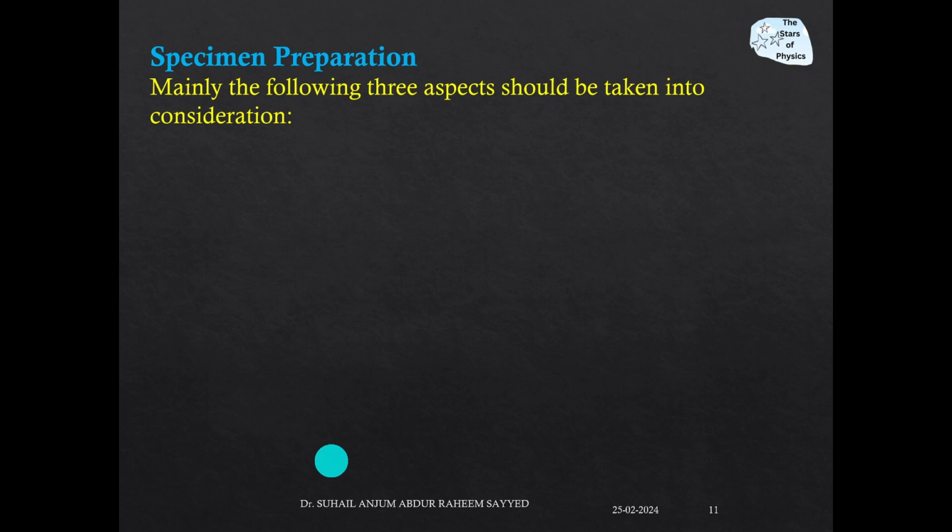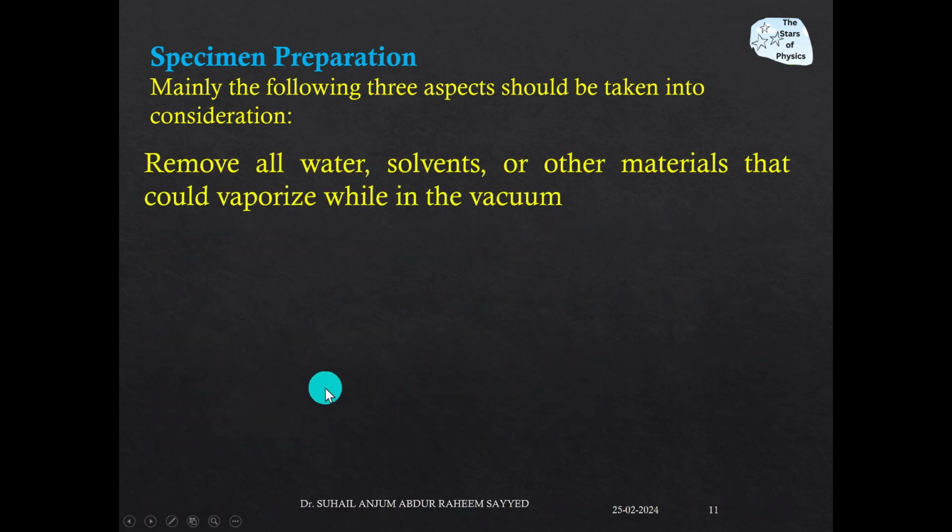Now we will see what are the steps involved in preparing the specimen. In specimen preparation, mainly the following three aspects should be taken into consideration. The first one is to remove all the water, solvents or other materials that can vaporize while in the vacuum. The second step is to firmly mount all the samples.